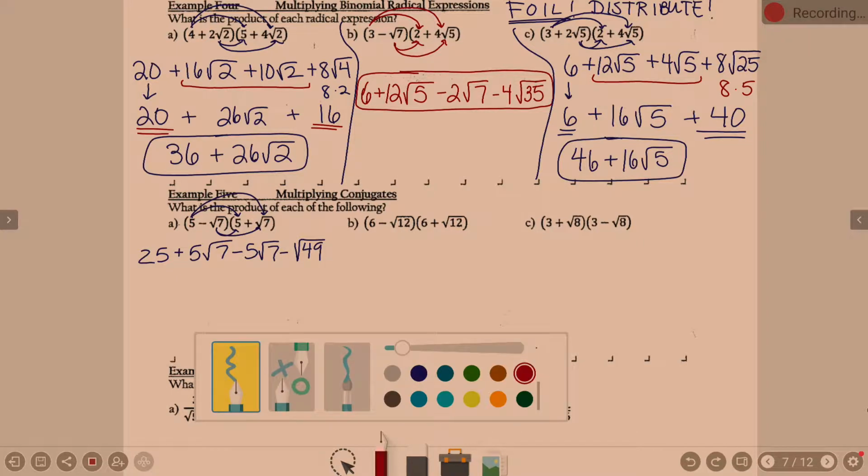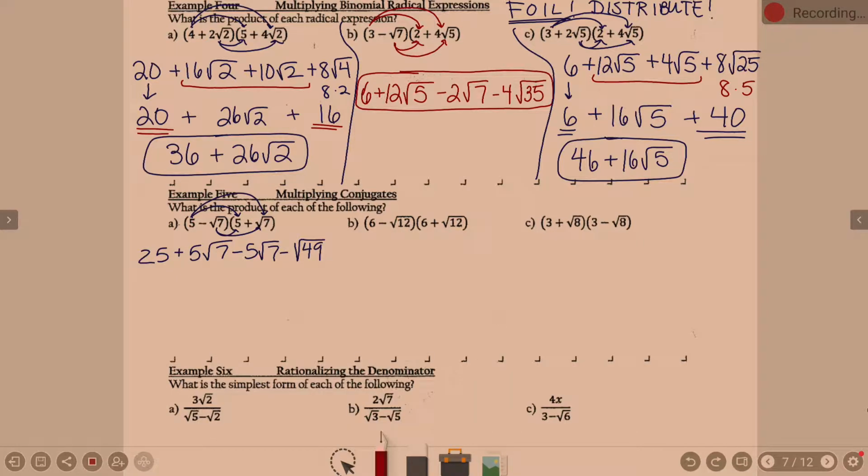What is the obvious piece that stands out to you? What happens to my middle here? 5 square root of 7 minus 5 square root of 7. If these are conjugates, which they were, and we did things correctly, those cancel. So that leaves me still with a 25.